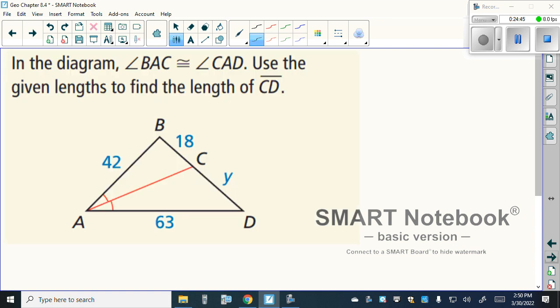So if we look at this one here, again, we'll have our two proportions, and it's good to have the variable in the numerator. So we would have y over what? Equals 63 over 42.